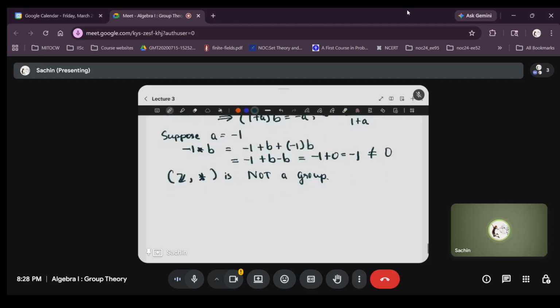So we had to discard minus 1, and also we have to include fractions. So we might check for rational numbers. So if G is the set of rational numbers minus the set containing minus 1, then G star is a group.